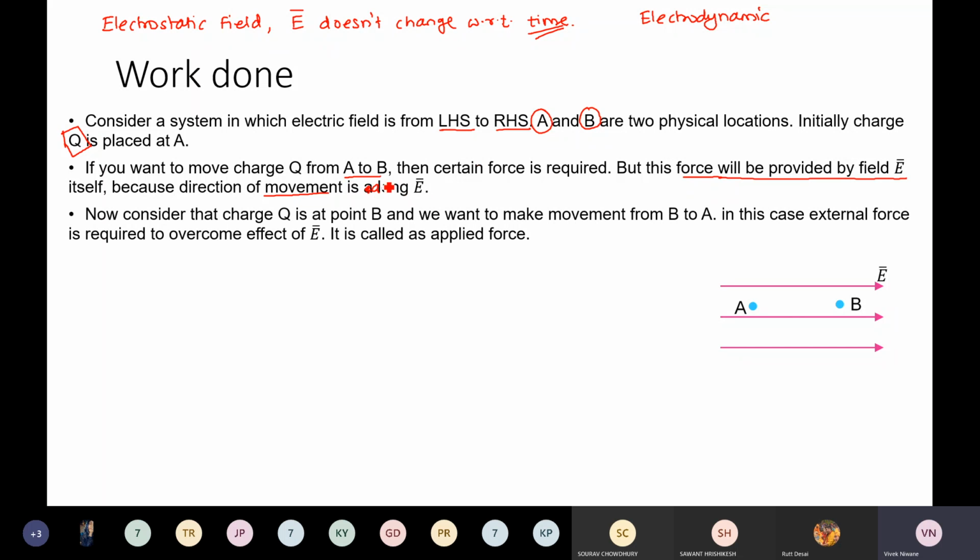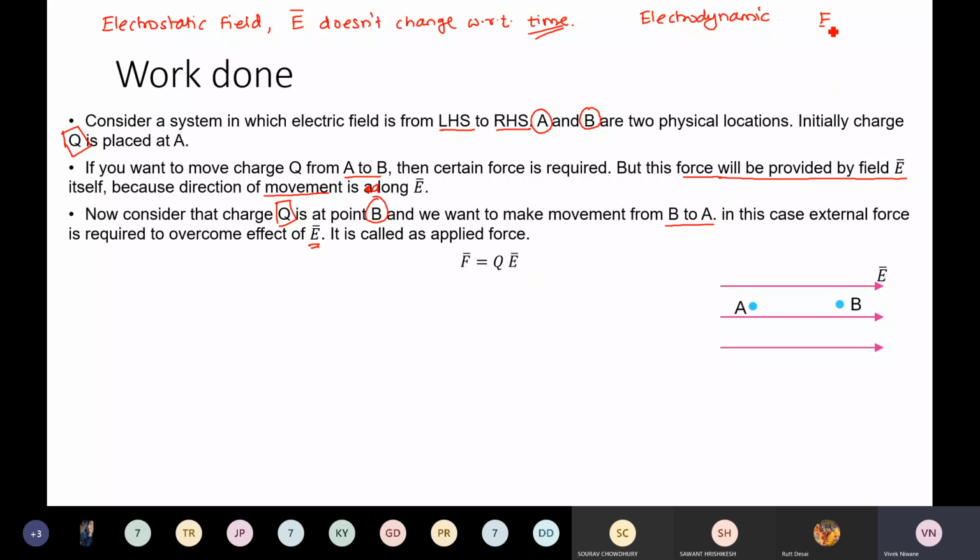Okay. Now consider that charge Q is at point B and we want to make movement from B to A. Okay. In this case, external force is required to overcome the effect of E bar, and this is called as applied force. So we can write down applied force by definition. Force is equal to Q into E bar. कहाँ से आया?